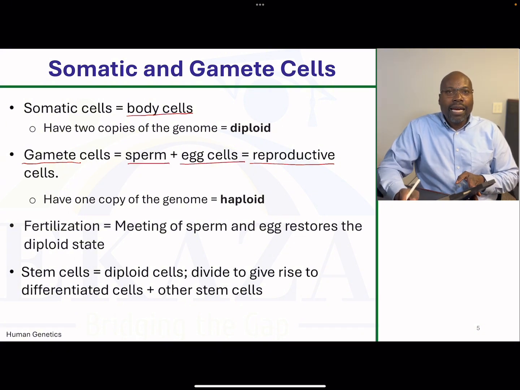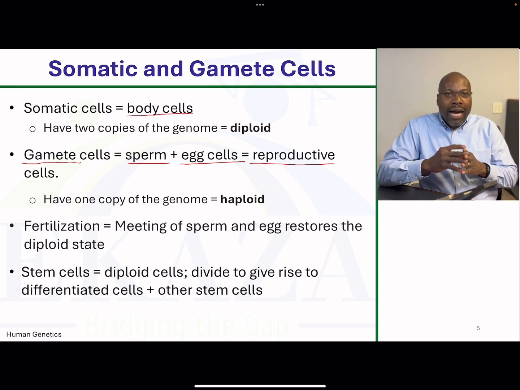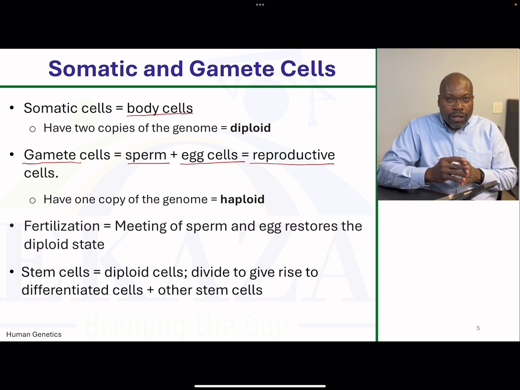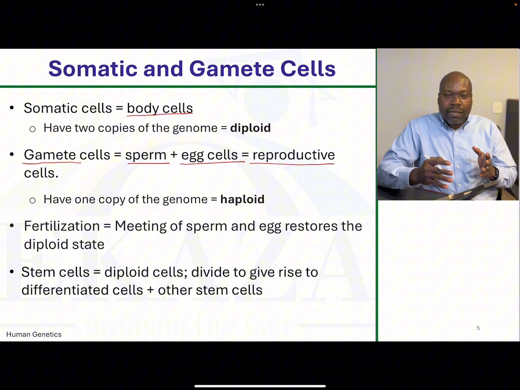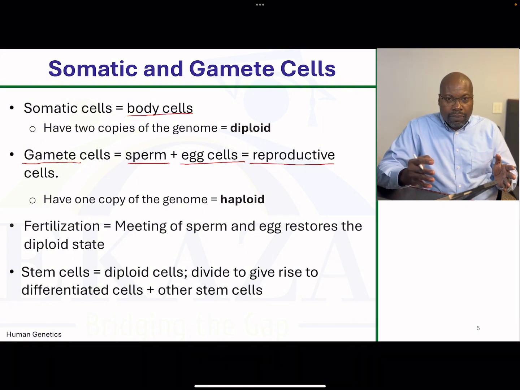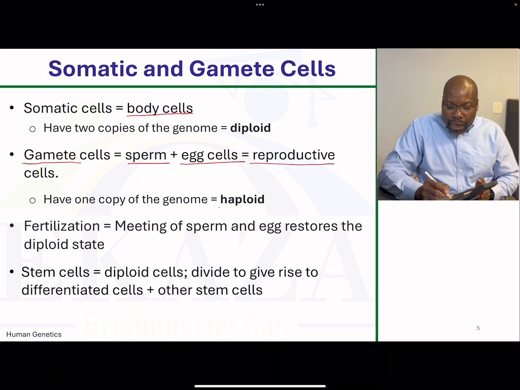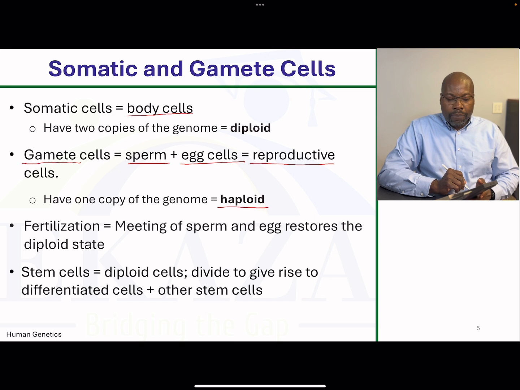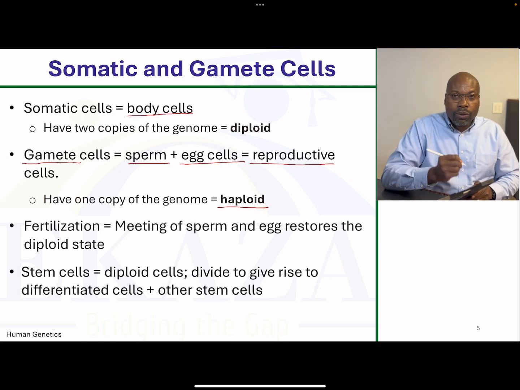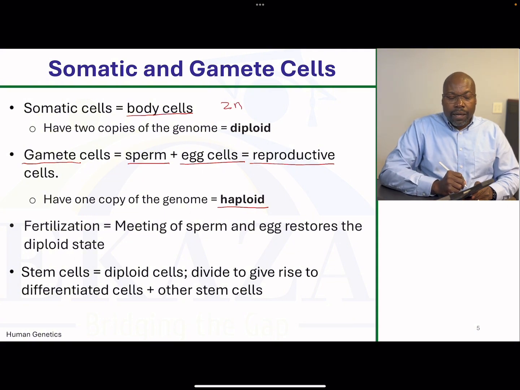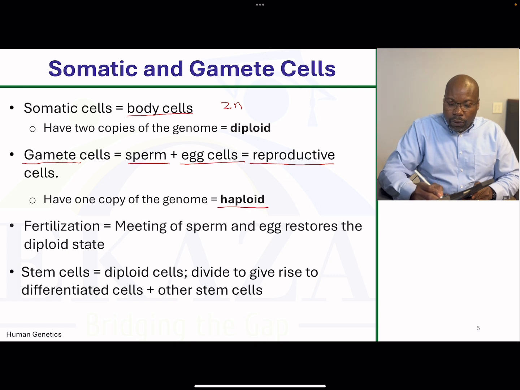These cells contain half the amount of genetic information that somatic cells contain, right? They are going to be haploid that way. So while somatic cells contain a number of chromosomes that we consider 2n, the haploid cells, the gamete cells, or reproductive cells, they contain n chromosomes.